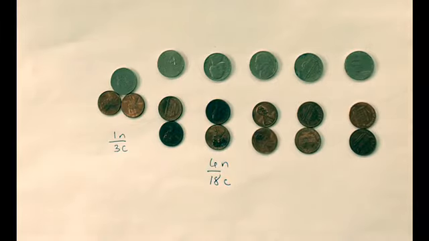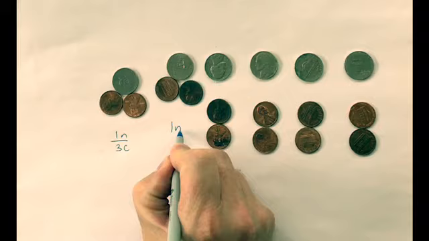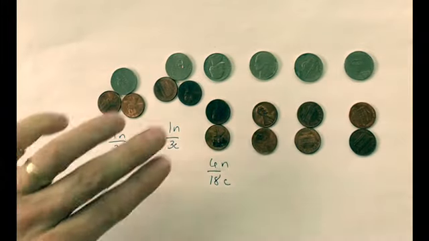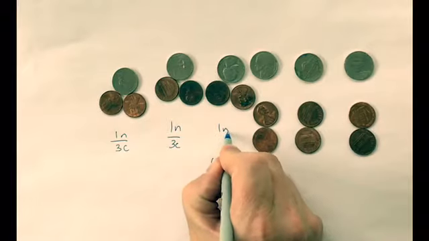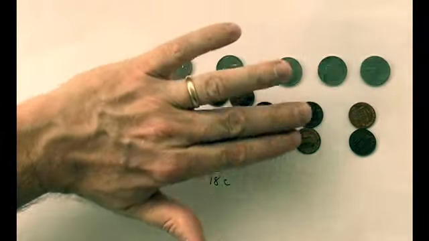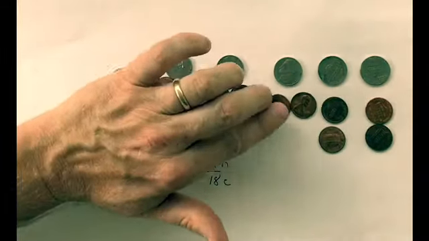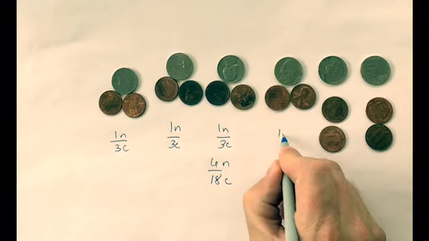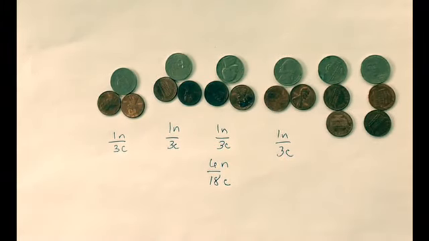It's 1 nickel to 3 coins. 1 nickel to 3 coins. 1 nickel to 3 coins. It's getting very crowded over here. It's never too crowded with money though. 1 nickel to 3 coins. And so on. That's my comparison of the number of nickels to the number of coins.